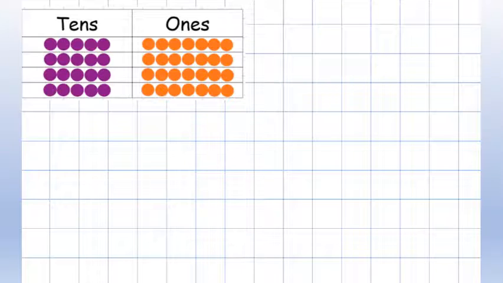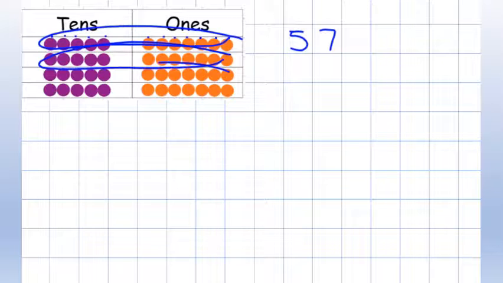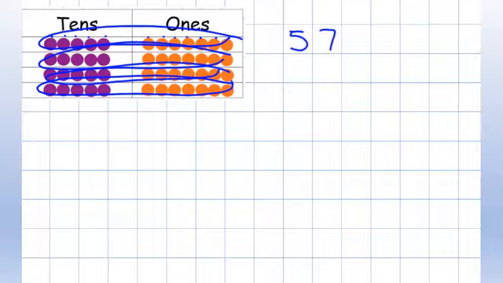Well, I've got 1, 2, 3, 4, 5 tens, and 1, 2, 3, 4, 5, 6, 7 ones. By my calculation, that means I've got 57 in each row, and I've got 1, 2, 3, 4 rows. So the calculation I'm trying to make is 57 times 4.